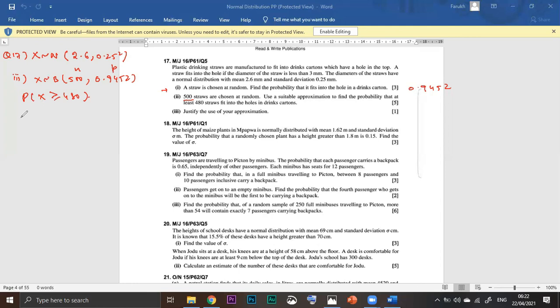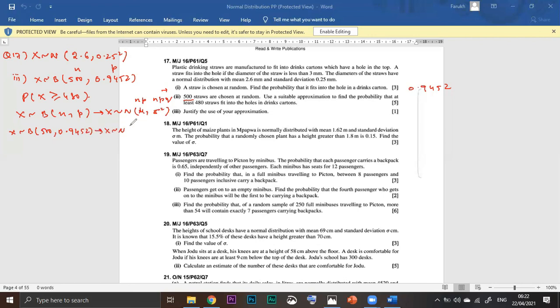Now, in a binomial distribution it is n and p, while in a normal distribution it is mu and variance. Mu is np and variance is npq in a binomial distribution. So x is a binomial distribution with 500 comma 0.9452.